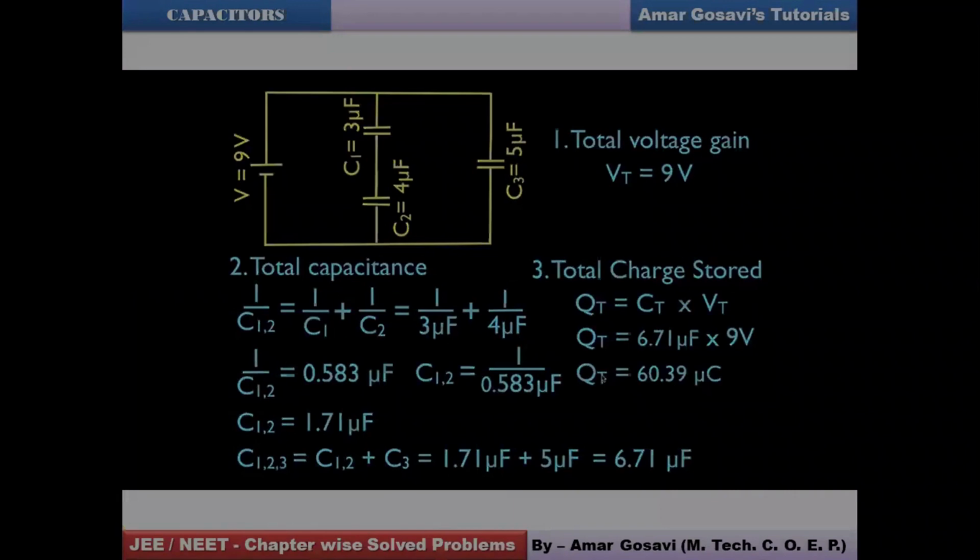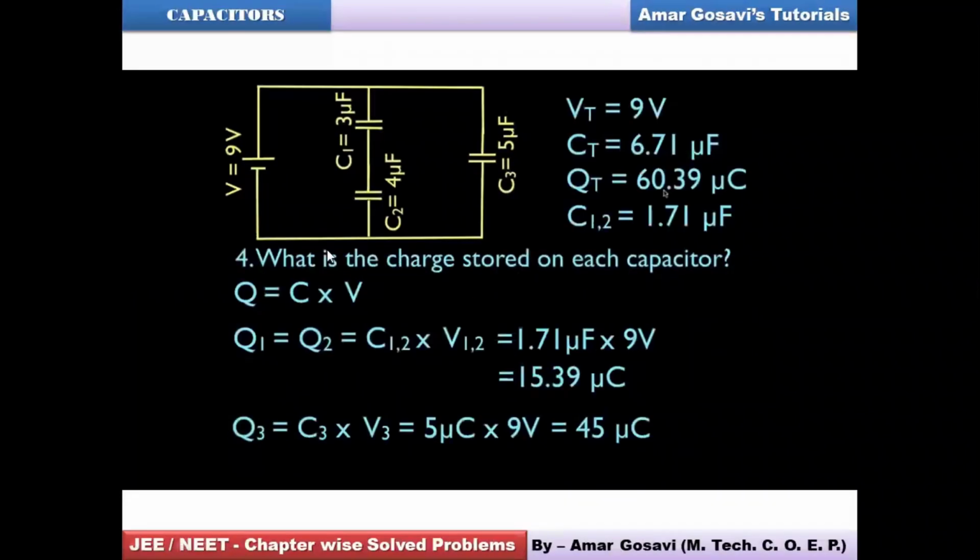Let's discuss the fourth and the fifth part of this solution. In the fourth part, what they ask is, what is the charge stored on each capacitor? First of all, you need to know the charge on this section and this section. Whatever the charge on this section is, it would be the same for C1 and C2. Why? Because they are in series. So Q1 and Q2 will be the same.